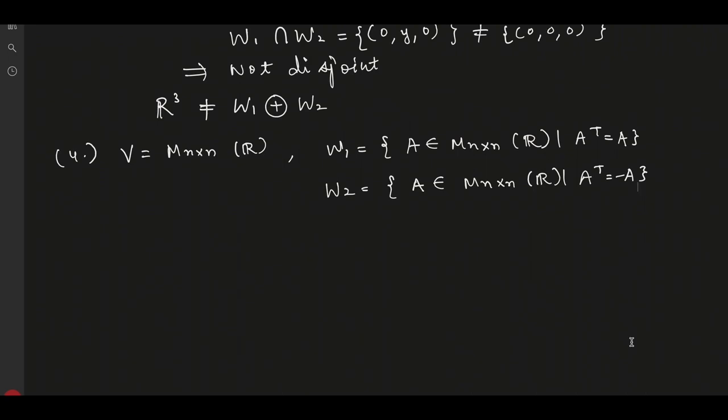In the next one, they are disjoint, so it can be written as a direct sum. Reason? We have done it, a will become 0. Disjoint, so it can be written as a direct sum of these two.